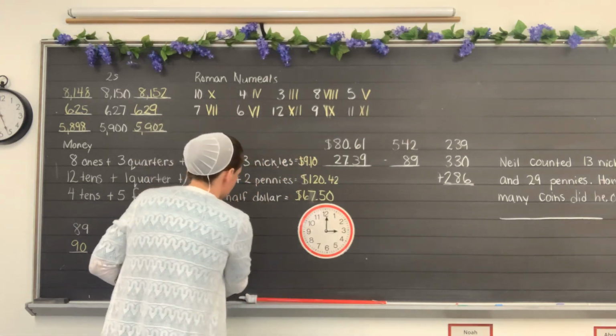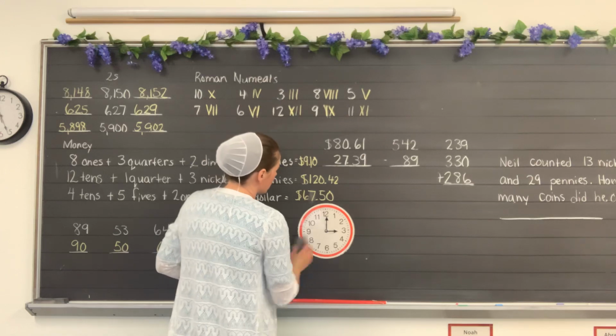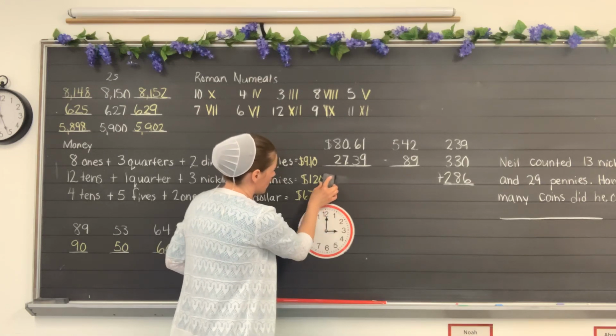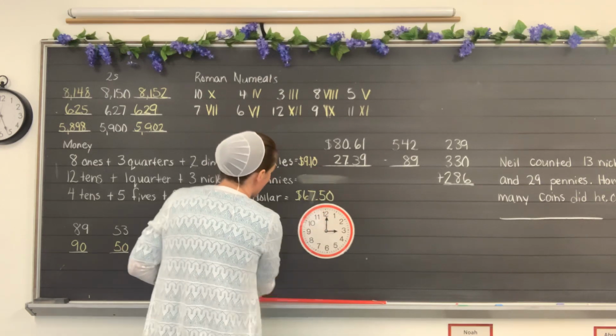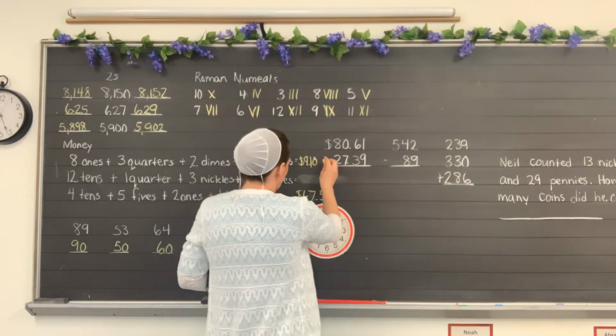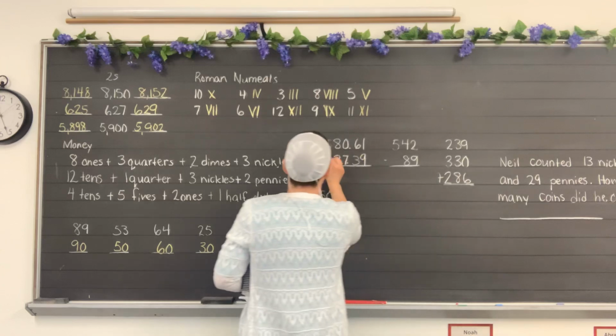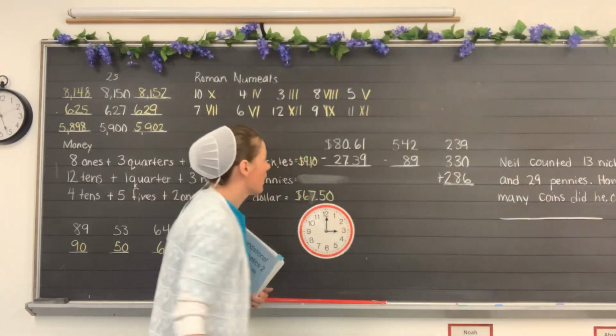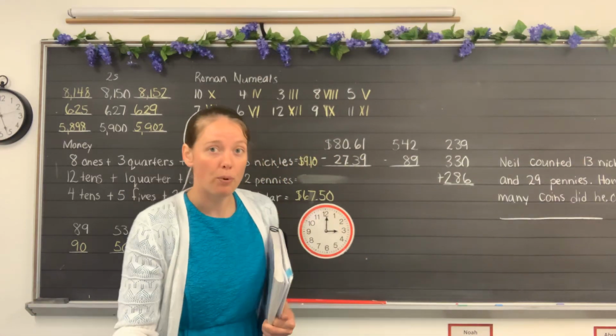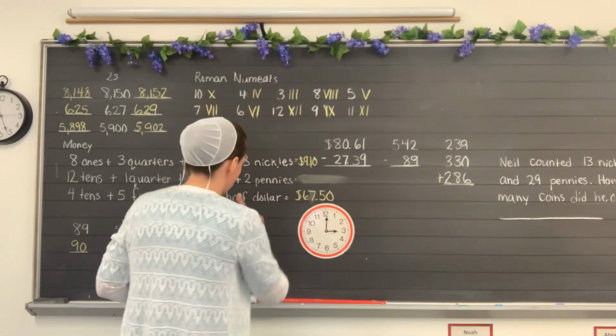All right, and now let's come over here to these problems. My money was kind of running into that problem, so we'll just erase that. So here we have a minus problem, and it looks like a dollar sign and decimal point, so we cannot forget to put that in.